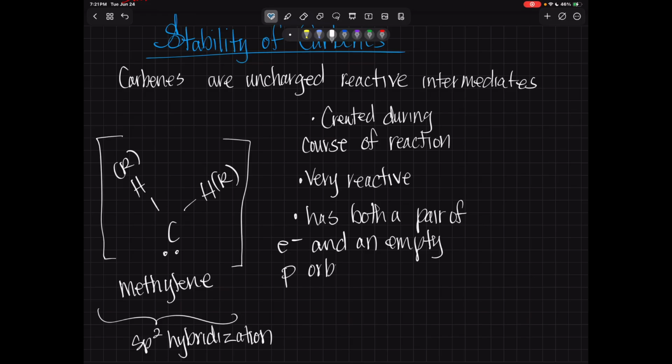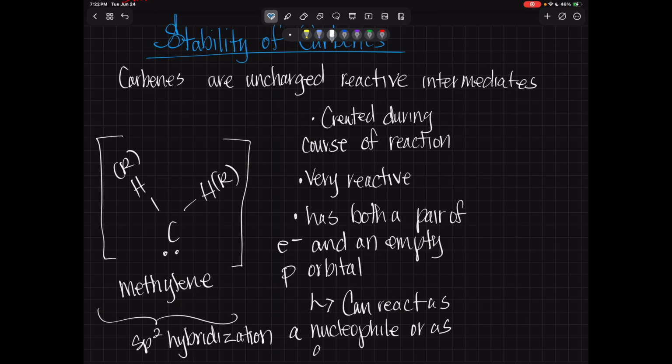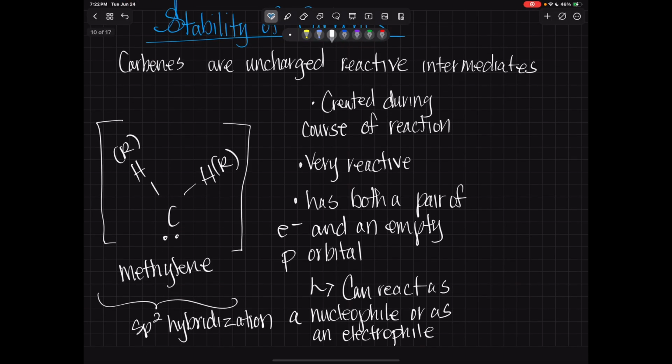And this double situation of a pair of electrons and empty p orbital is why it's so reactive. And this means it also can react as a nucleophile or as an electrophile. And again, if you're freaking out because you don't know what that means, don't worry. There's more to come on that, and it's just going to be helpful during your synthesis and mechanisms which are to come.